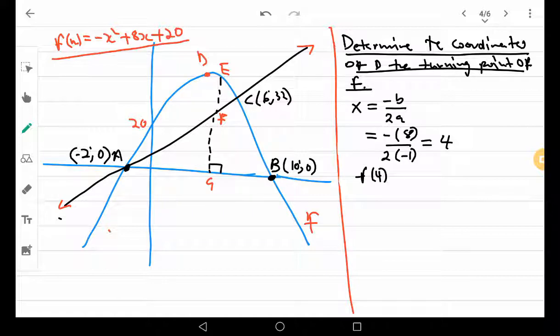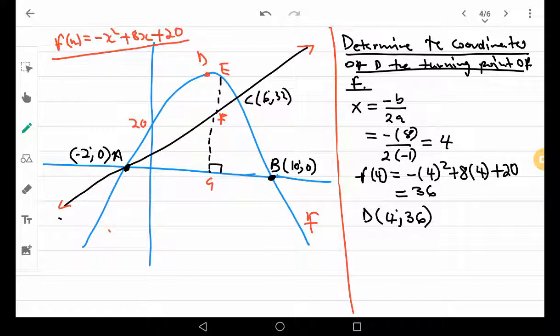Then when you get f of 4, you go minus 4 all squared plus 8 multiplied by 4 plus 20. Then it gives you 36. So the coordinates of D are going to be 4 and 36.